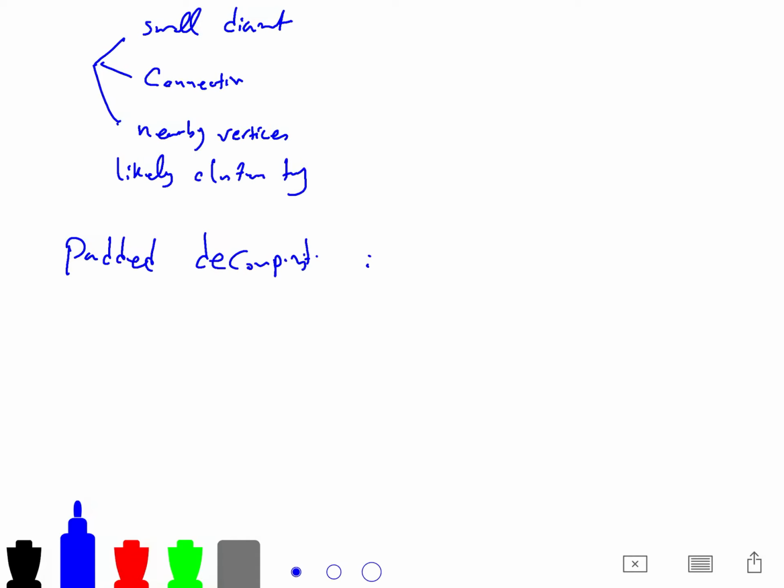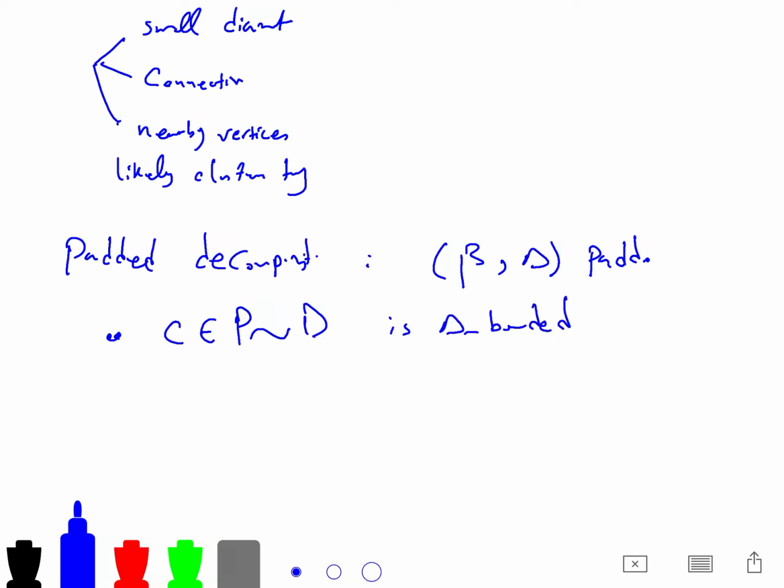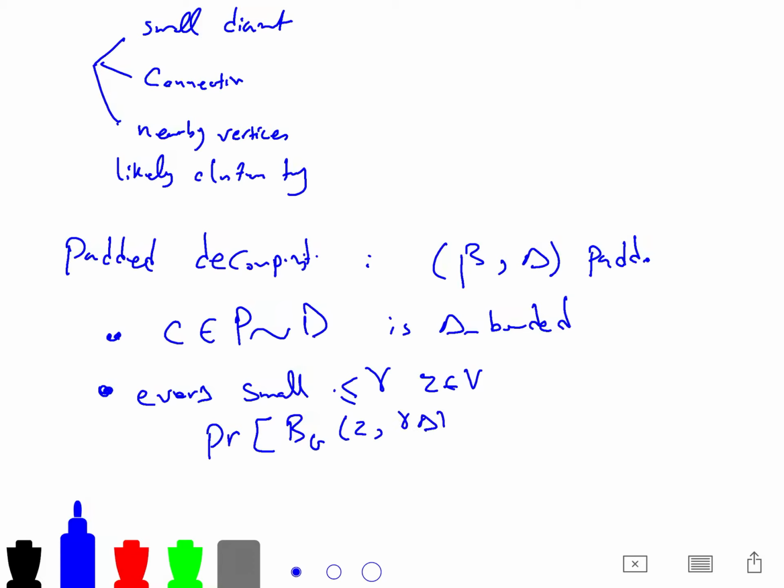We say that a distribution D over partitions of G is a beta, delta padded decomposition if for every cluster C inside P, where P is drawn from the distribution D, C is delta bounded, and for every z in V, the probability that the ball B_G of center z and radius gamma delta is inside the cluster of the partition that belongs to z, if this holds, then this probability is greater than or equal to e to the minus beta gamma.